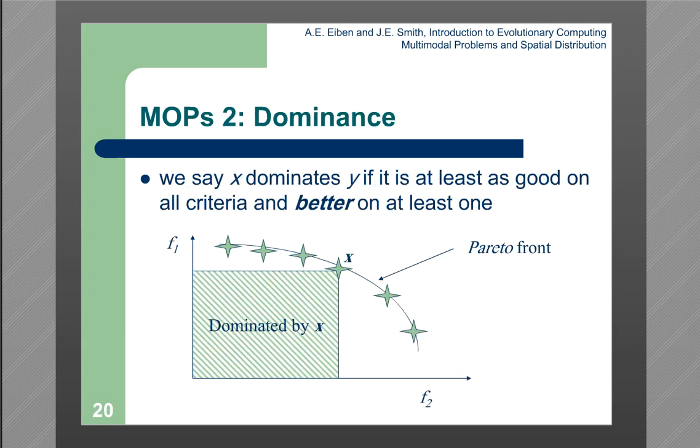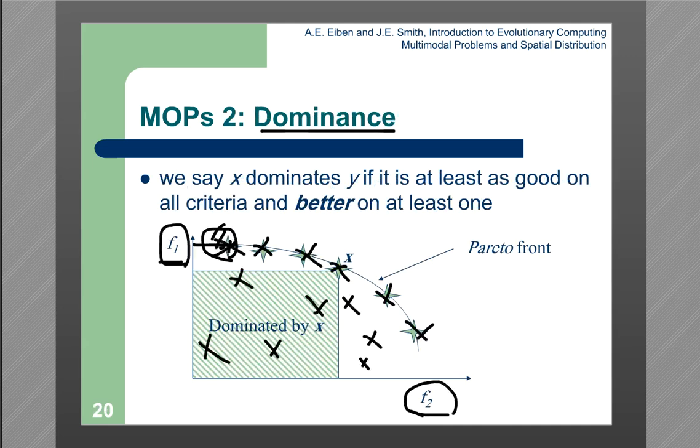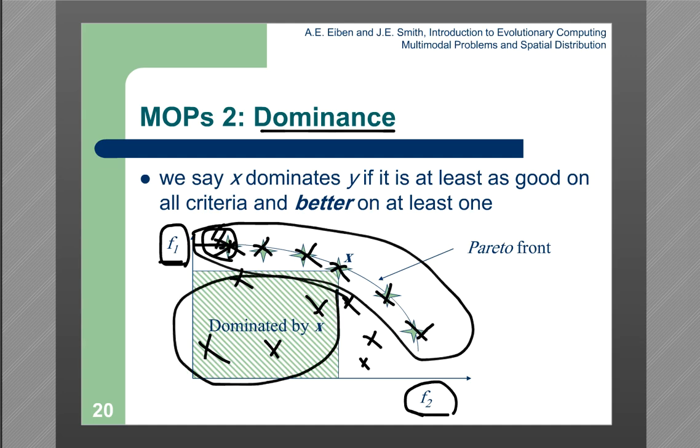So we have many elements or many individuals, and some of the individuals such as these are better than another individual in the rectangle. There are not others in the other individuals. I made a mistake drawing this.